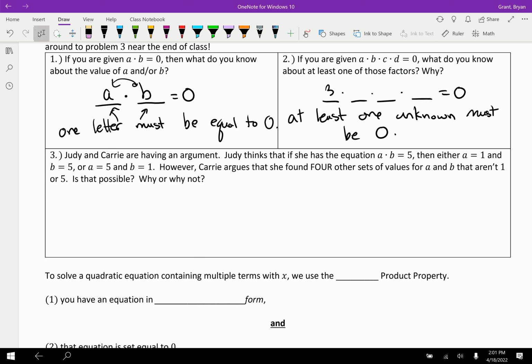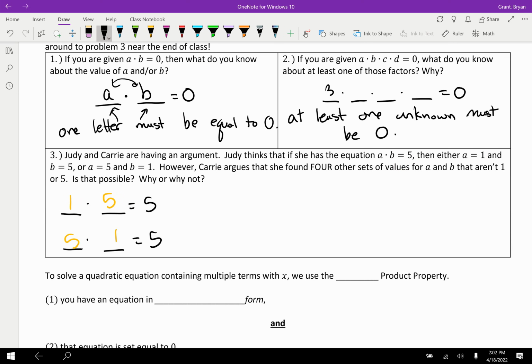Well, let's ask that same question again, but let's stray away from 0. Judy and Carrie are having an argument. Judy thinks if she has the equation a times b equals 5, and I'll write that over here, then she has found 2 and only 2 solutions. Either a is 1 and b is 5, or, right, a is 5 and b is 1. She's like, I found them. That's it.